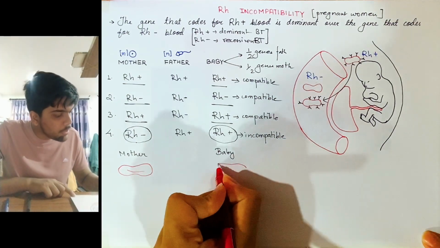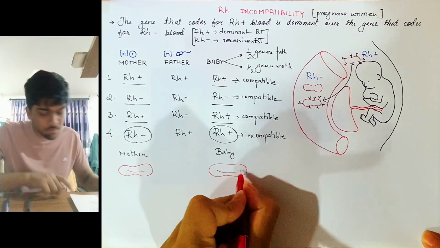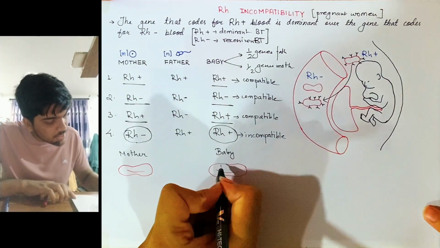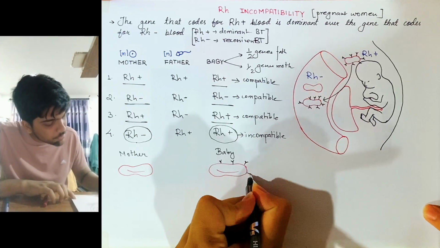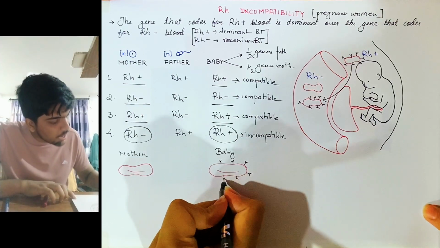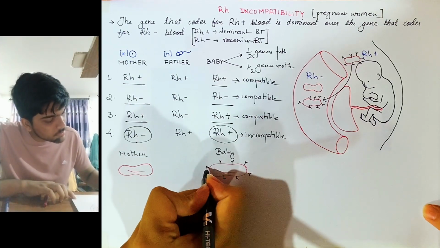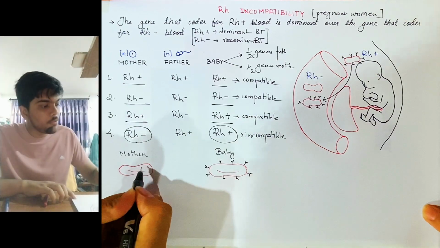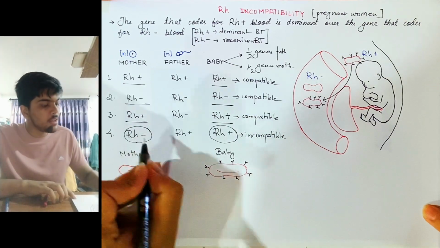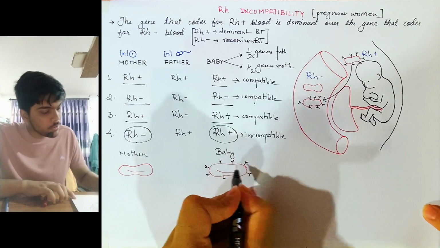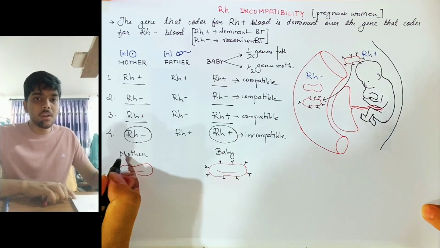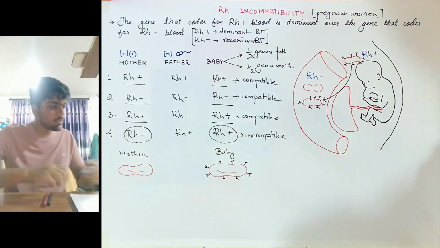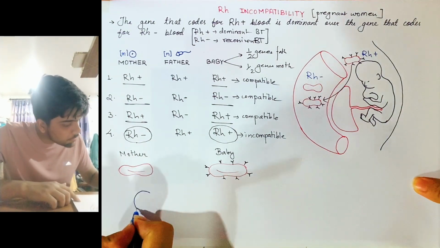Well, the blood of the baby contains RBCs, and these RBCs have Rh antigens on the surface. So these are the Rh antigens. This is Rh negative due to the absence of Rh antigen. This is Rh positive due to the presence of Rh antigen. Mother has her own immune system. This is the immune system of the mother.